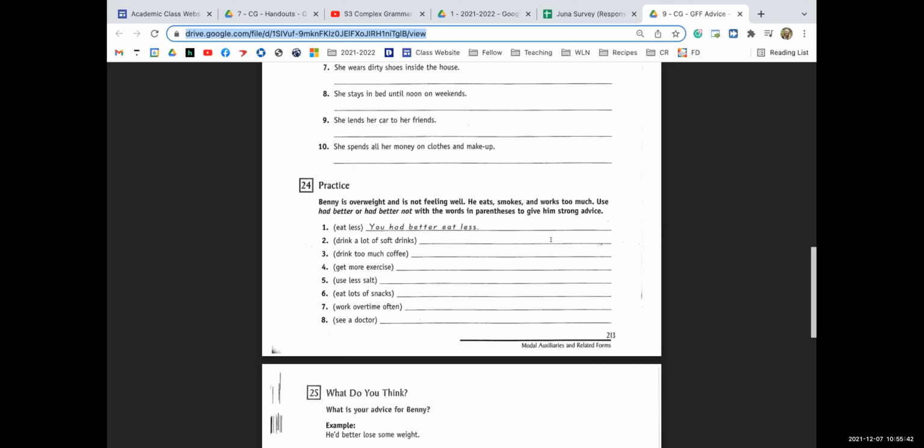No, maybe you had better not drink a lot of soft drinks. Yeah, because of soft drinks. Okay. Number 3. Drink too much coffee. You had better not drink too much coffee.